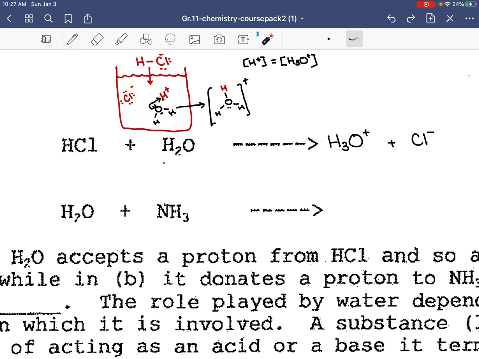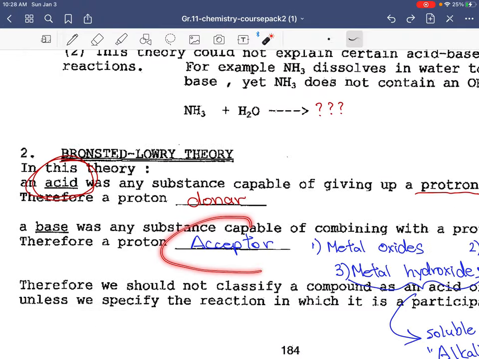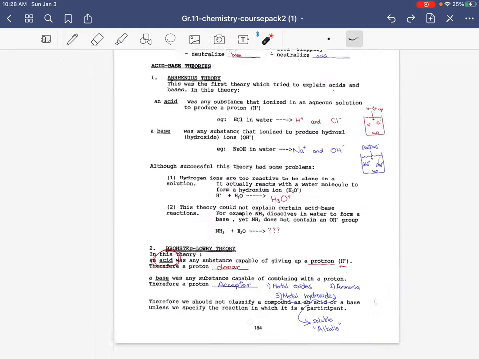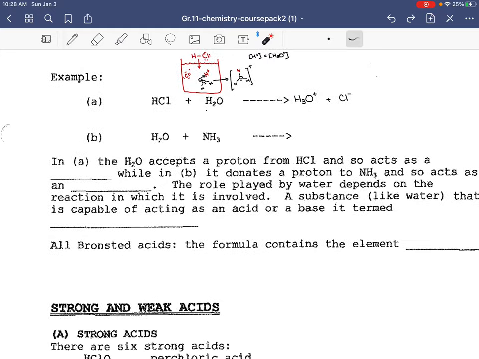Proton donor. Here's a base. Bronsted says a base is a proton acceptor. Because this is actually the best way to talk about bases like this.